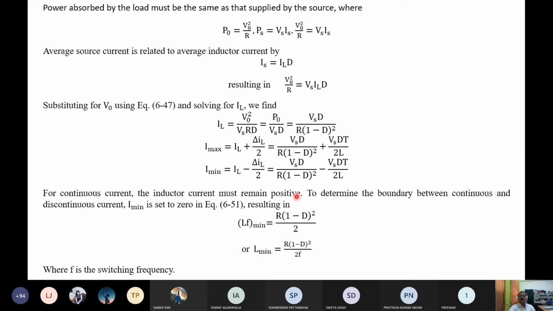So T is 1 by F. So L F minimum is equal to R (1 minus D) square by 2. So L minimum is equal to R into (1 minus D) square by 2F, where F is the switching frequency.